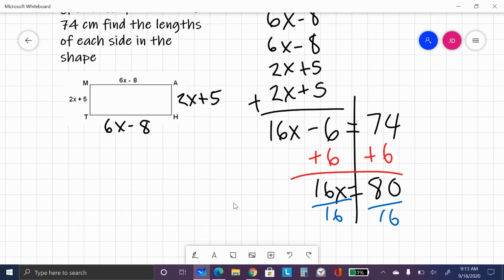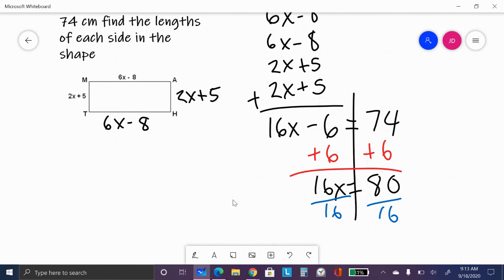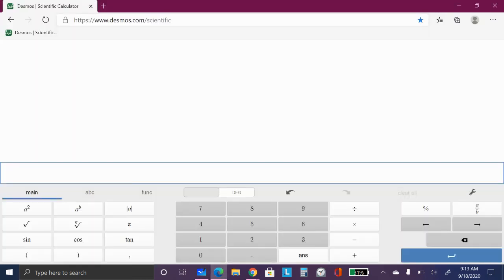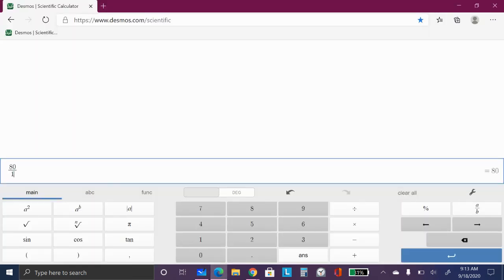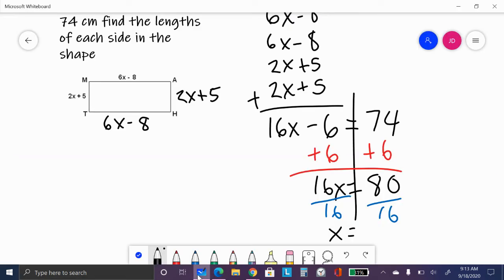And I get x is 80 divided by 16. 5. So usually when we do these problems, we're like, we're done, right? No, we have to find the lengths of each side in the shape. Sometimes they might ask us find the longest side, find the shortest side. So we need to find the length of each side of the shape. But this is just what x is.